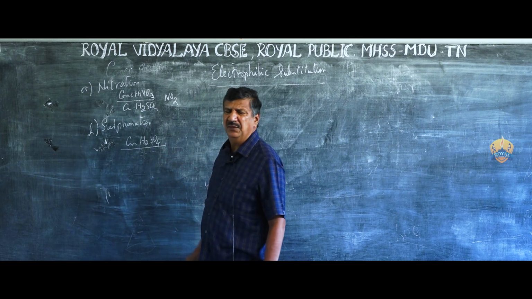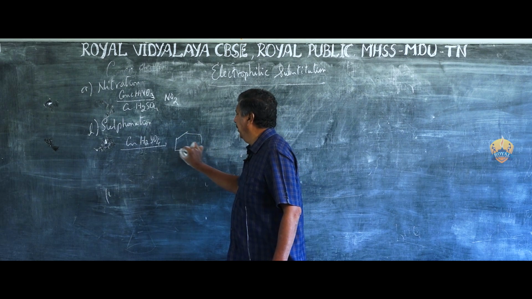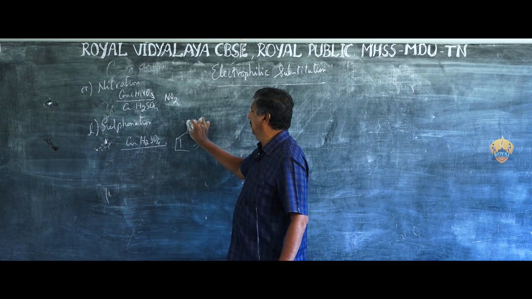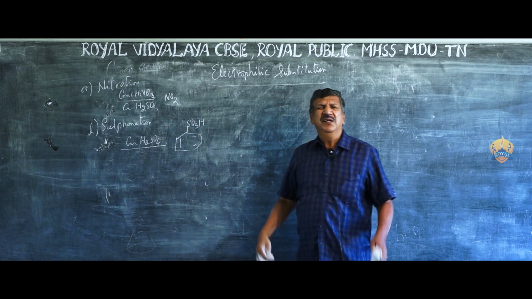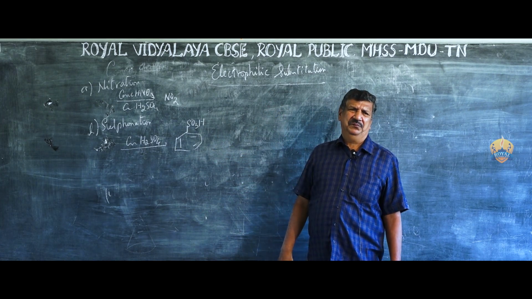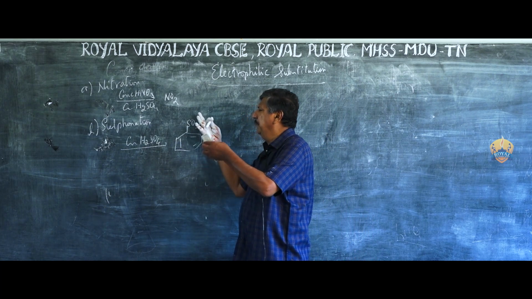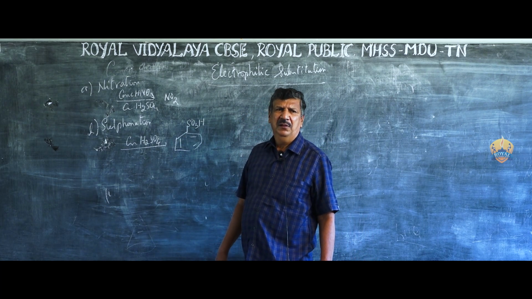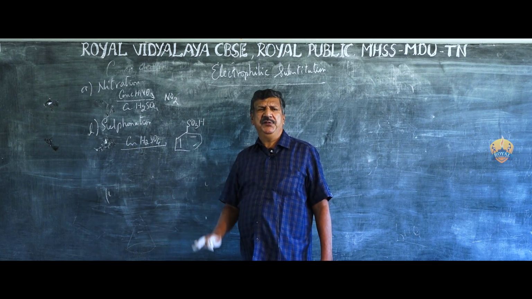That's all. You'll introduce this formula. What is the name of this formula? Sulfonic acid. For benzene it is called benzene sulfonic acid. So, when you treat with sulfuric acid, SO3H.